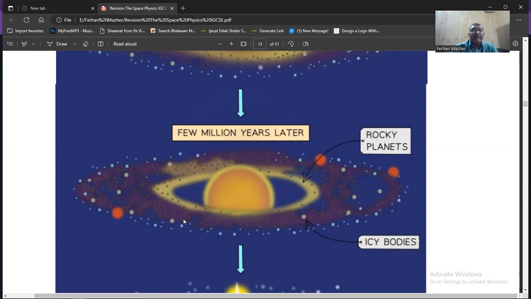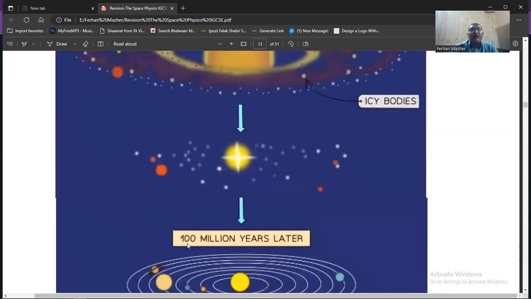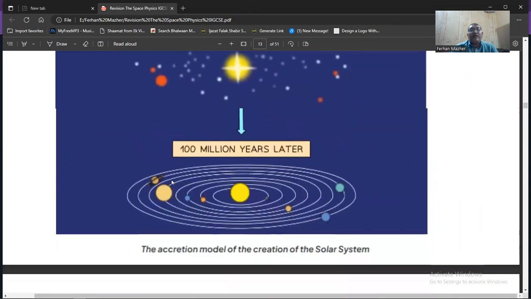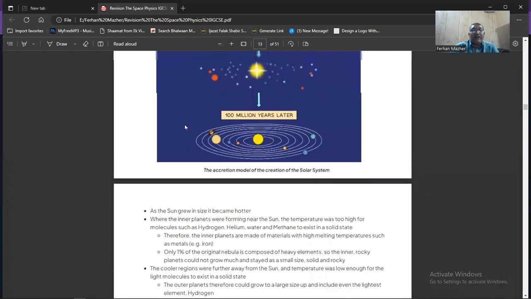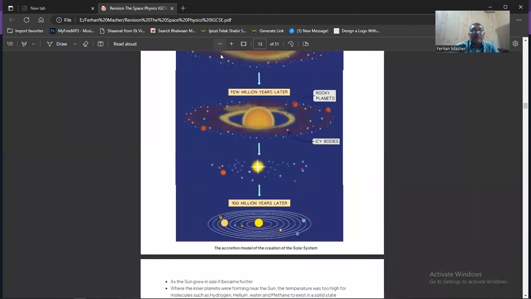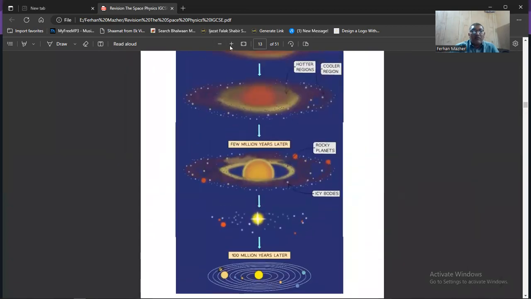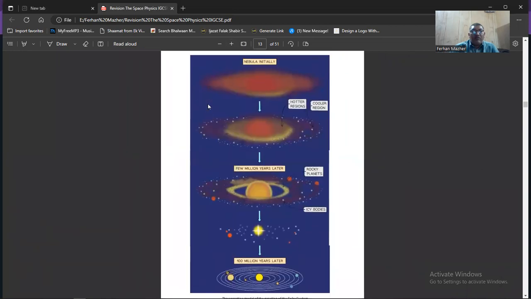This will happen 100 million years later. This will happen after the 100 million years. You will get this. So that is the accretion model of the creation of the solar system. So let me reduce the diagram. So this is that diagram.